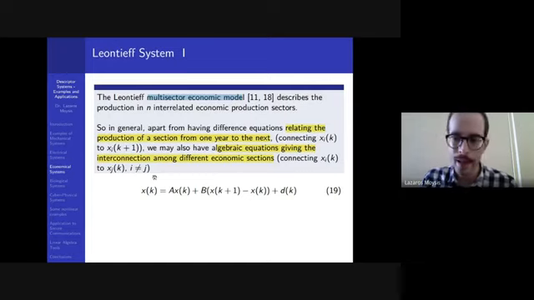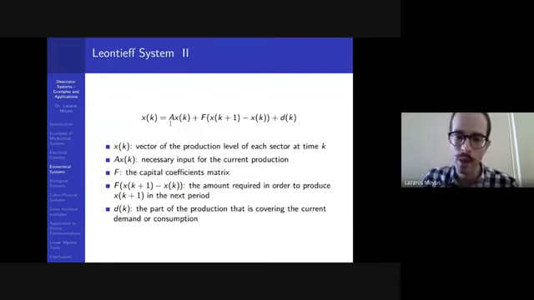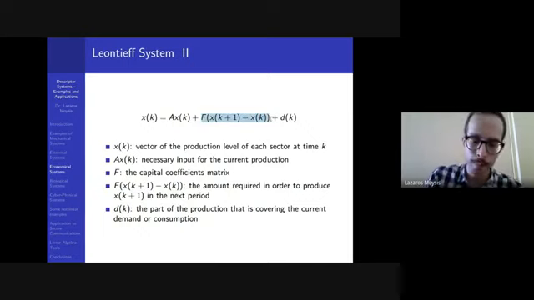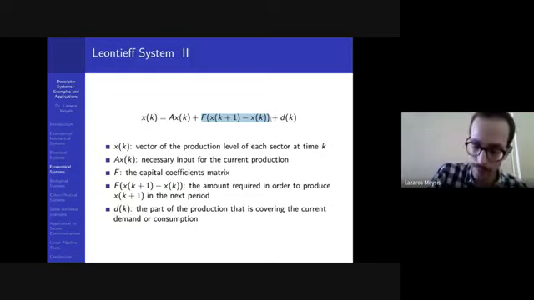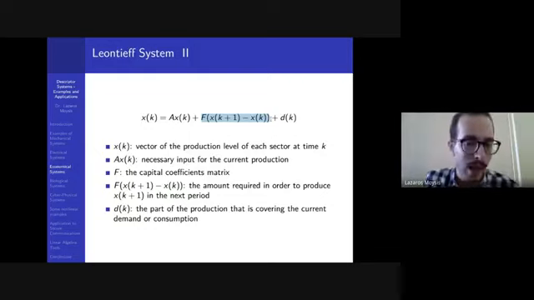So we may end up with a system that connects each sector with another. We also have a capital coefficients matrix that gives you the idea of what sort of interaction you need to go from one period to the next, what sort of money or deposit you need to move from one sector to another, and what sort of balance you need to have.